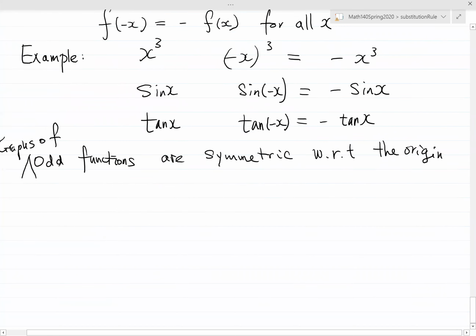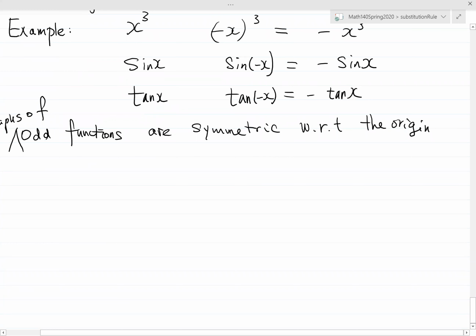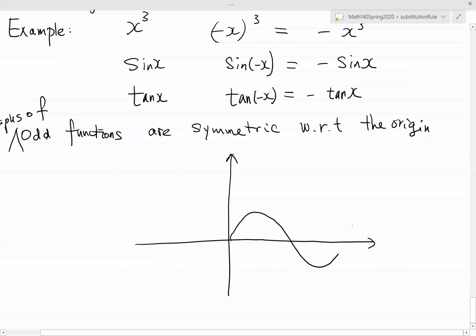So for instance, what is the graph of sine x? The graph of sine x looks like this. If you have a point on the graph, then you have another point with respect to the origin O. So it's symmetric with respect to the origin O.